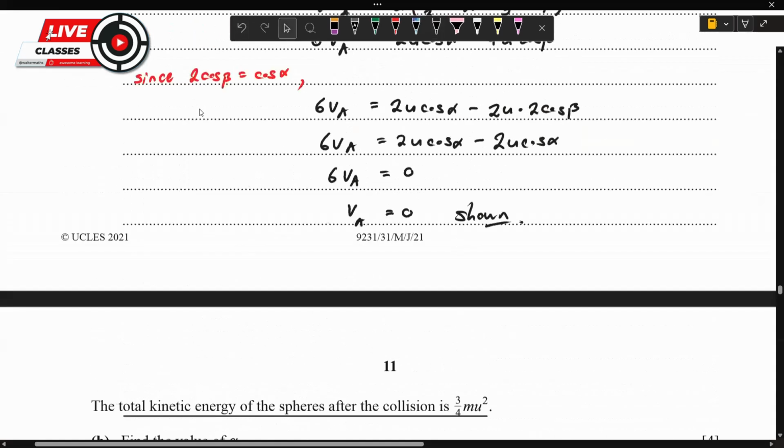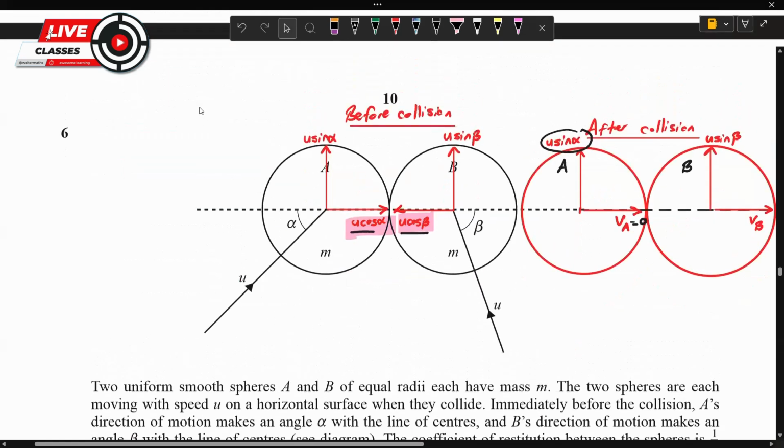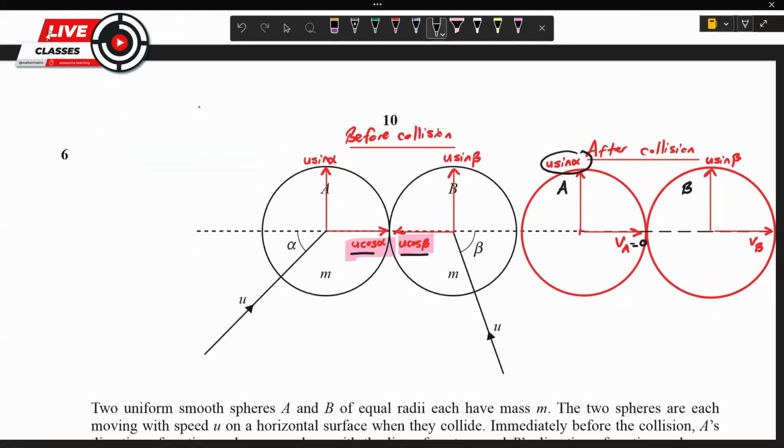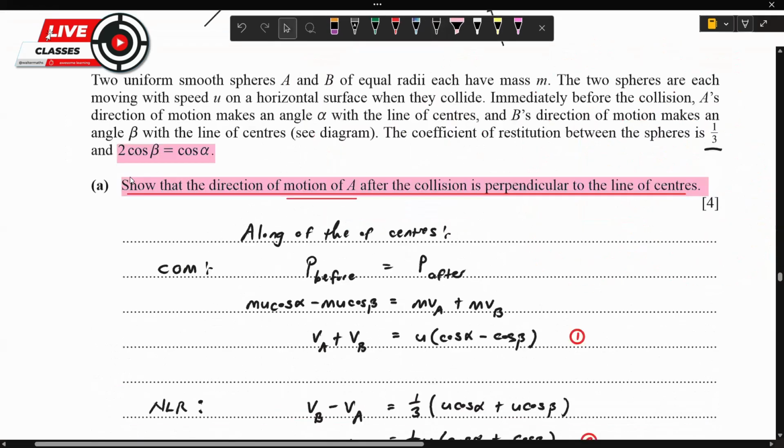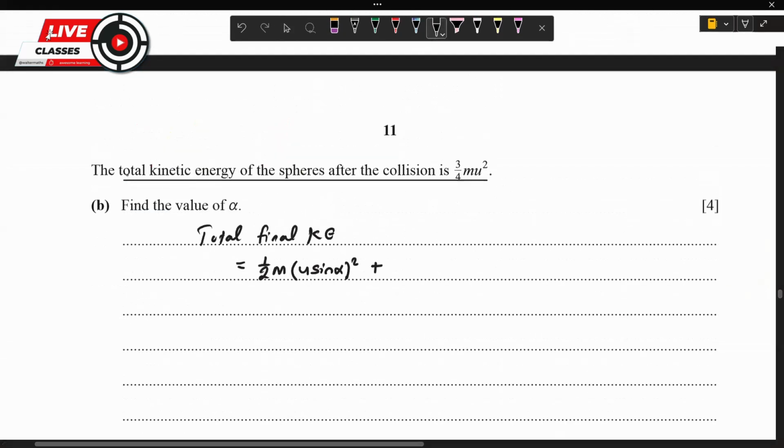Now we go to particle B. So for particle B, we want the resultant of these two components. That's the speed. Okay, so it's the resultant. We get that by the square root of VB squared plus u sine beta squared. So I'll say here it's plus half m of the square root of VB squared plus u sine beta squared, all squared.